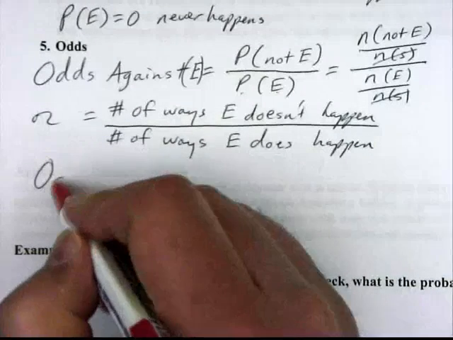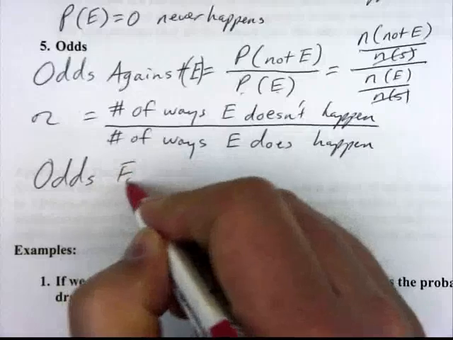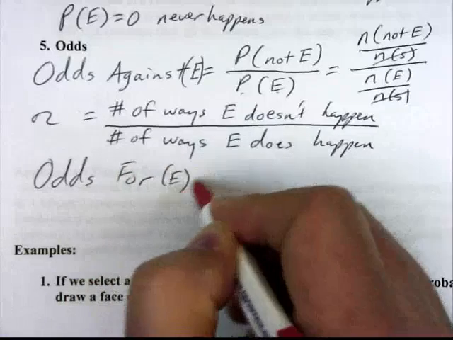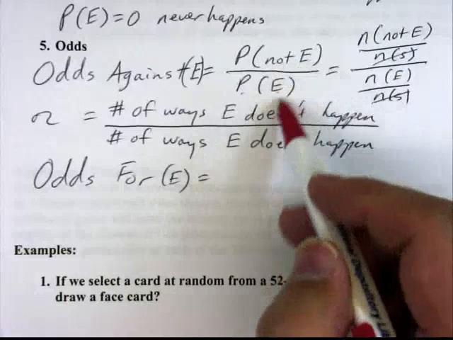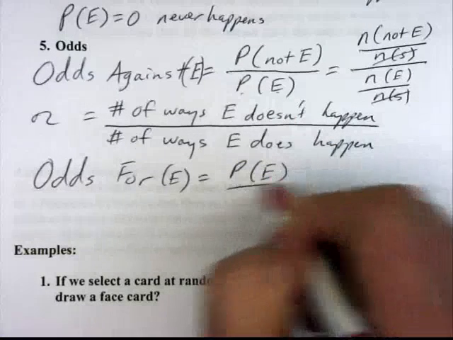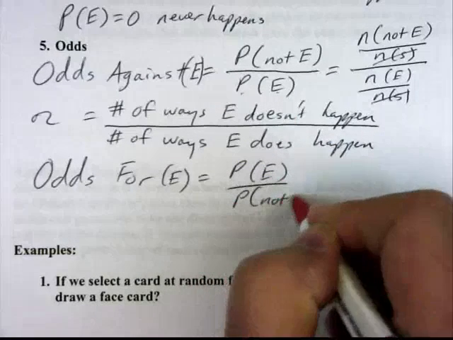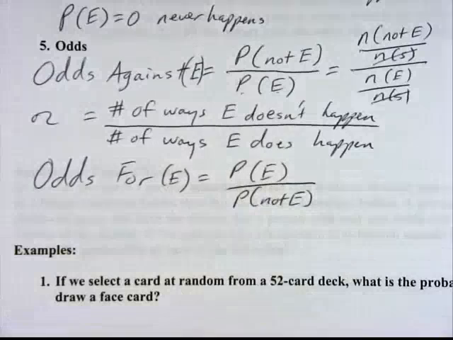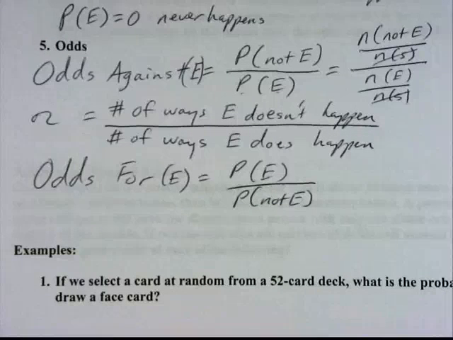So that's odds against. You could also talk about the odds for E happening. And that's really just going to be the flip of what we have up here. It's the probability of E over the probability of E not happening.